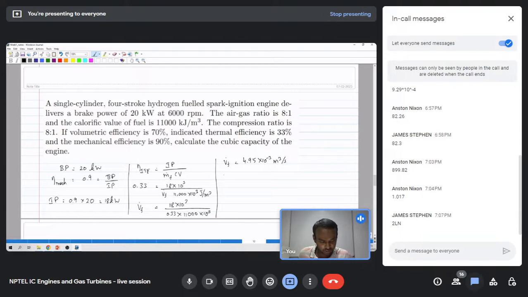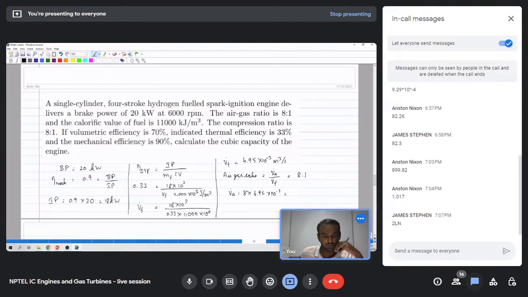With this we can calculate the volumetric flow rate of air. We have been given the air gas ratio. Air gas ratio is v dot A divided by v dot f, which is 8:1, and that means v dot A is 8 times v dot f, which is 4.95 into 10 power minus 3.